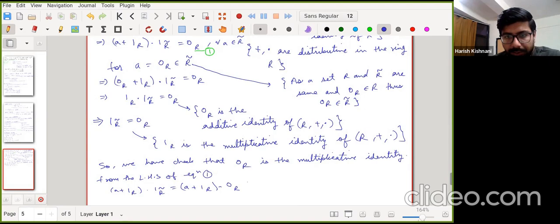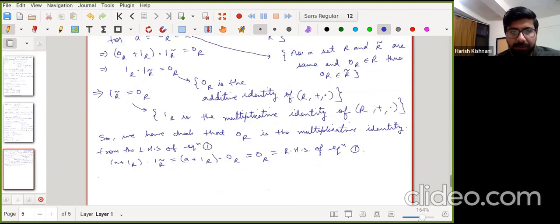So this is equal to 0 of the ring R, and that is what we have on the RHS of equation 1. Clear? So now we saw that this particular choice actually works out for all A. So it will imply that 0 of R is the multiplicative identity of this new ring structure.